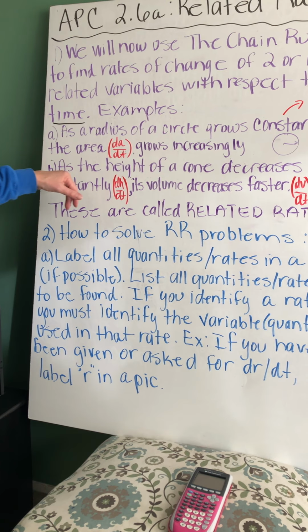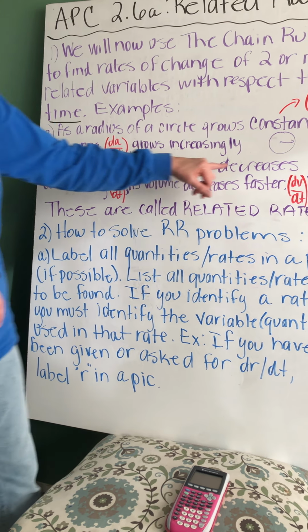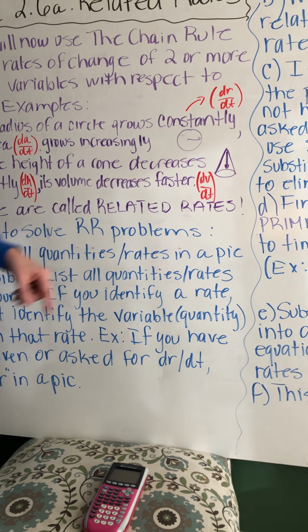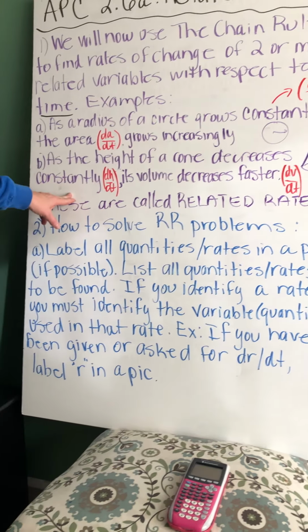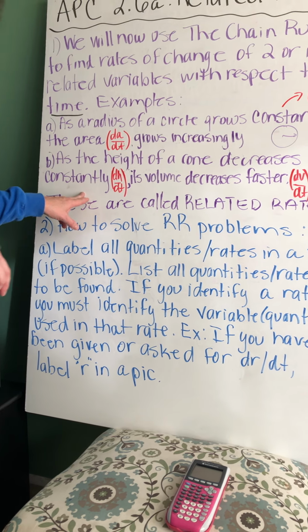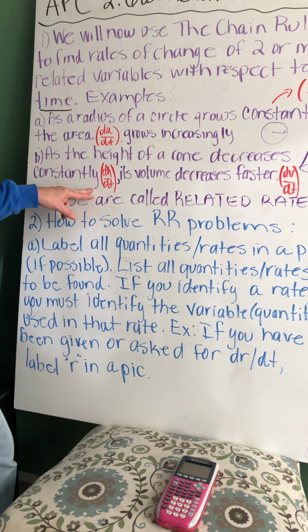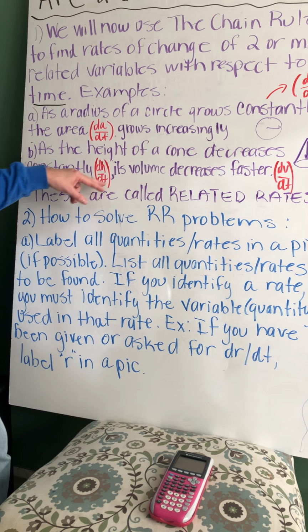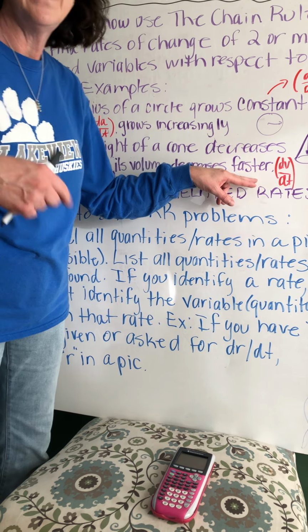Here's another example. As the height of a cone decreases, let's say you have this cone and the height is going downward. As the height of a cone decreases constantly, we call that dH dt, the rate of change of the height with respect to time. Its volume decreases faster.